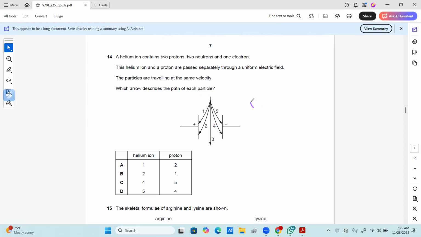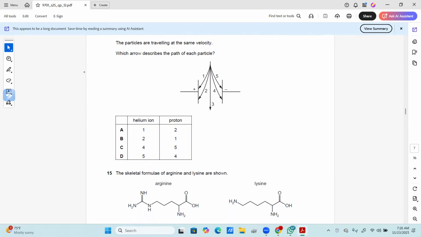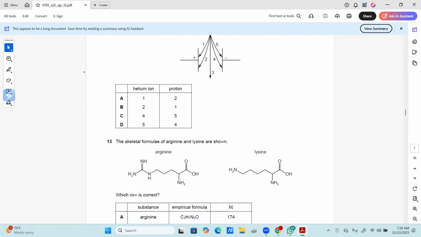Helium is 2 and 4. It is positively charged, so it will get attracted to the negative terminal. Protons will also get attracted to the negative terminal. So the only correct answer is 4 and 5. It's very easy. None of them will get attracted to the positive one, as both are positive.